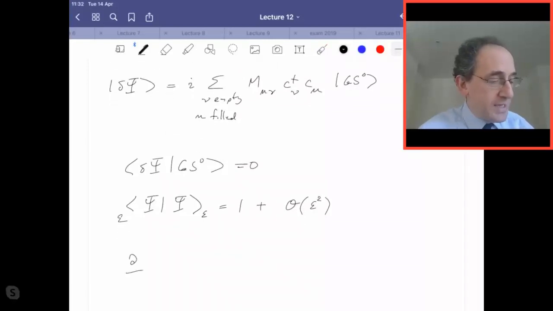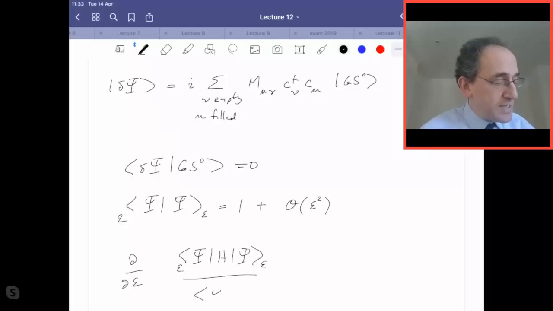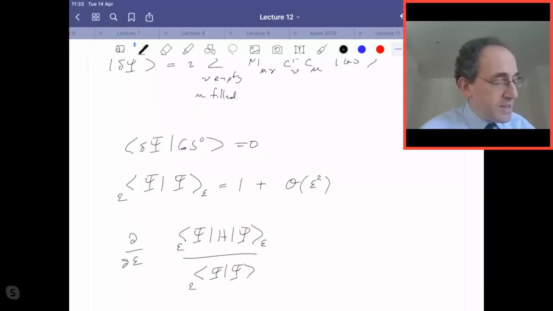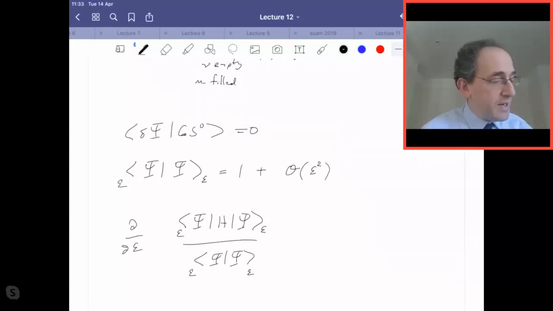So we'll take d by d epsilon of the energy, so this is psi H psi, and I guess we want to normalize everything, but this is really nice. We don't have to worry about the denominator because the denominator is 1 plus order epsilon squared.